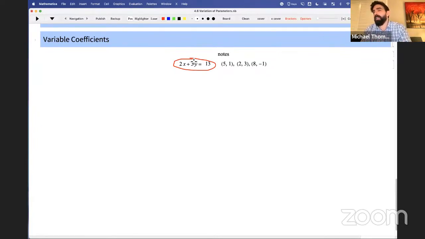Okay, well, let's think about this. Let's say I only want one solution. Well, since I only want one solution, I don't need all of those. What I could do is add an extra restriction. Right now I have one restriction. I know that the relationship between X and Y has to be such that 2x plus 3y equals 13. But what if I also required that X plus Y equals 5?